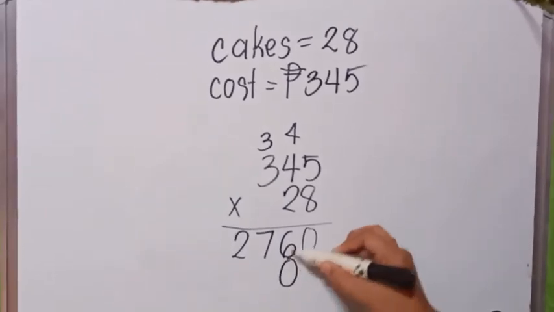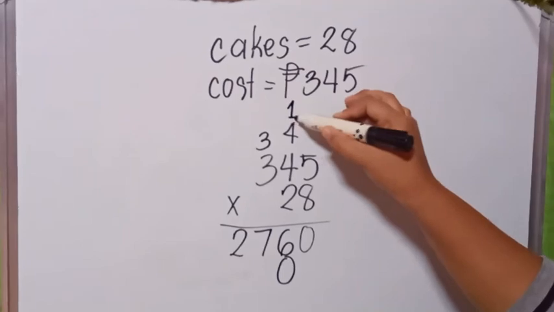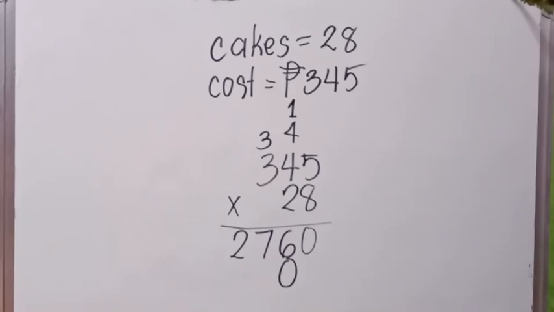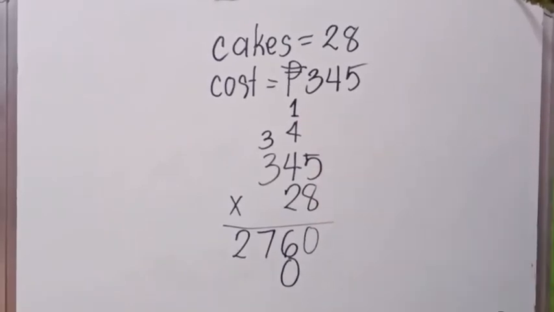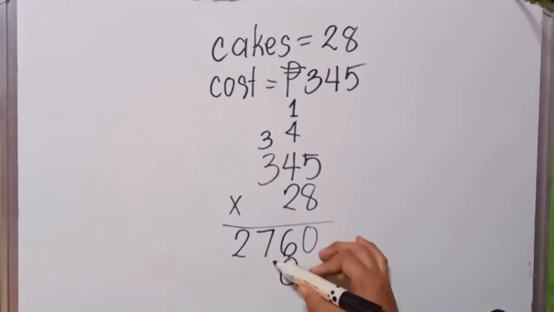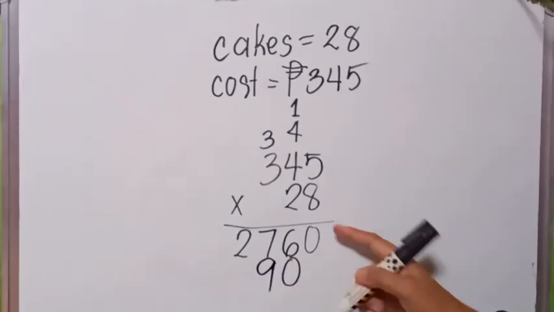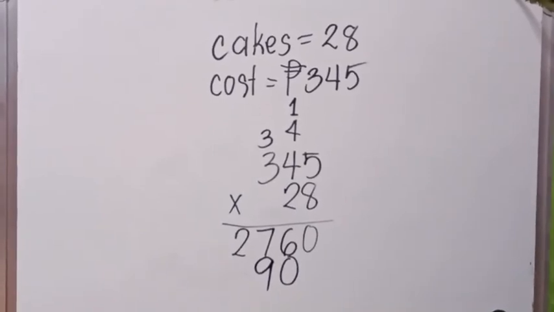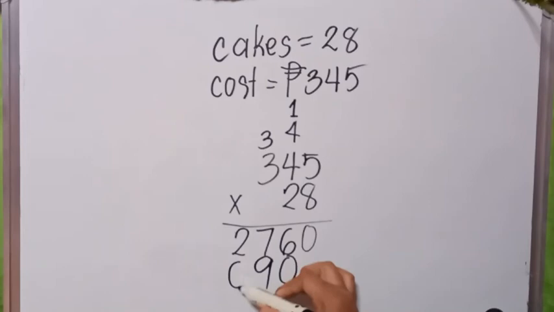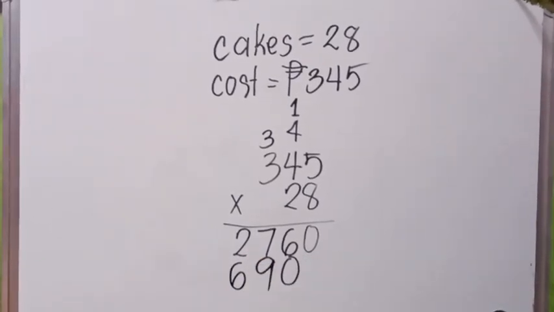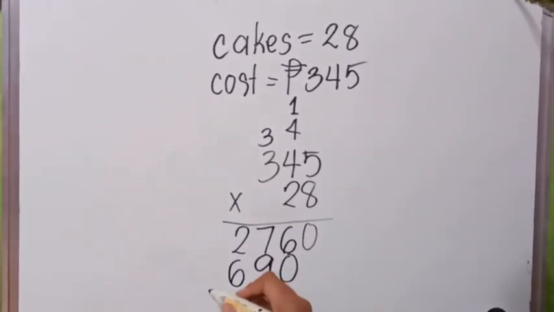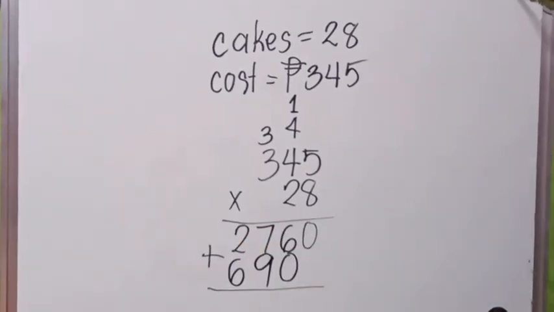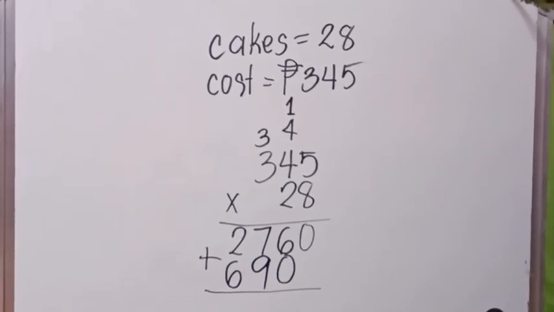We'll put the 0 and carry 1. 2 times 4, that is 8, plus 1, it's 9. Okay? So 2 times 3, it's 6. So we'll align it with the 2,000. So we are done multiplying them, so we need to add all the products to find the final answer.